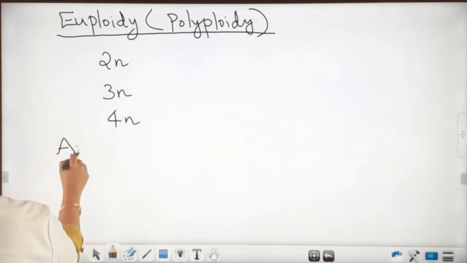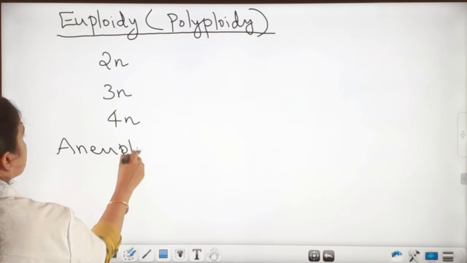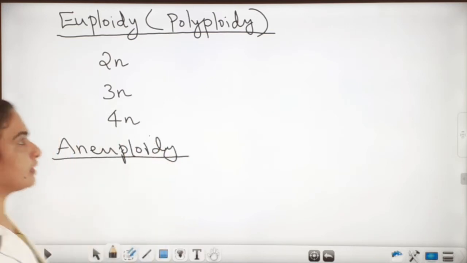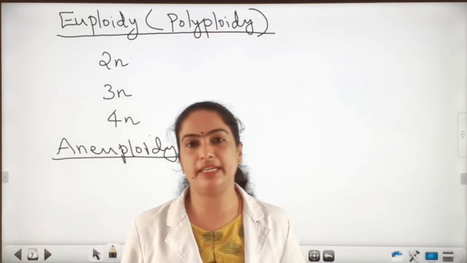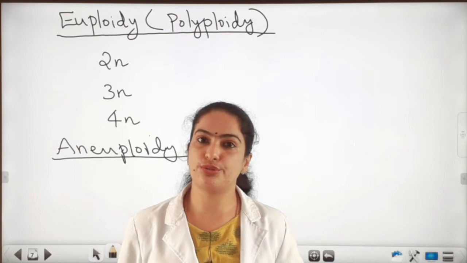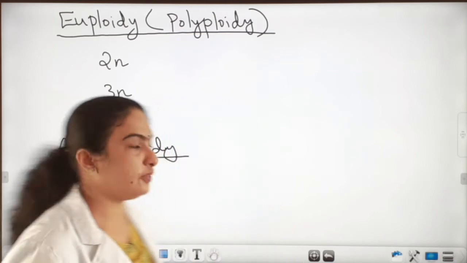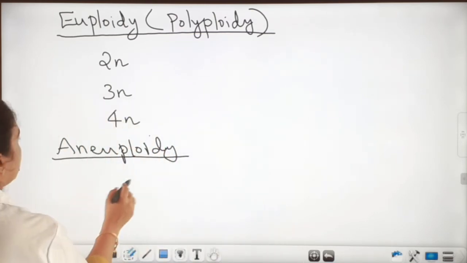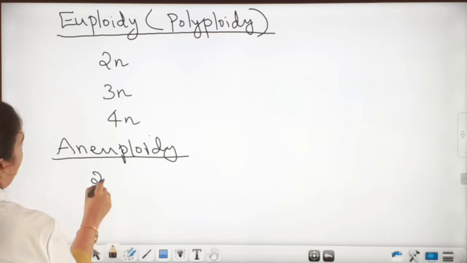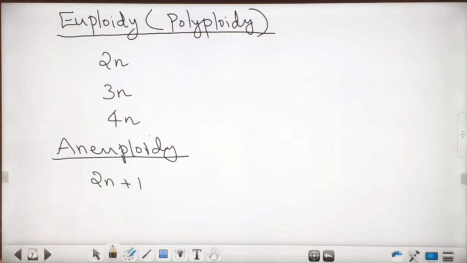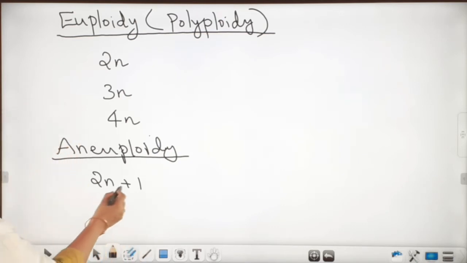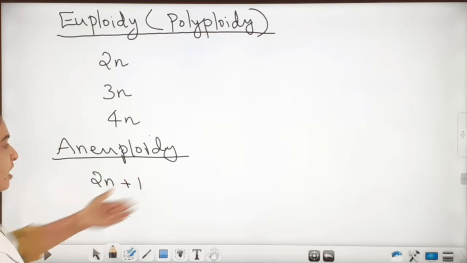But in case of aneuploidy, it is not an exact multiplication, it is the addition or deletion of one or two chromosomes. For example, 2n plus 1. That means along with the 46 chromosomes, we can see one extra chromosome.